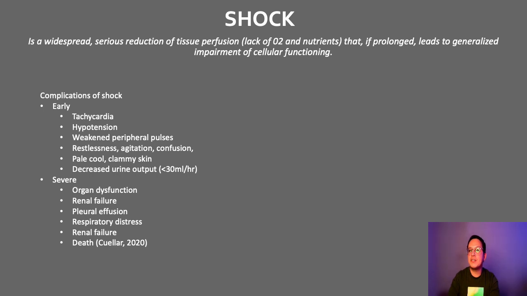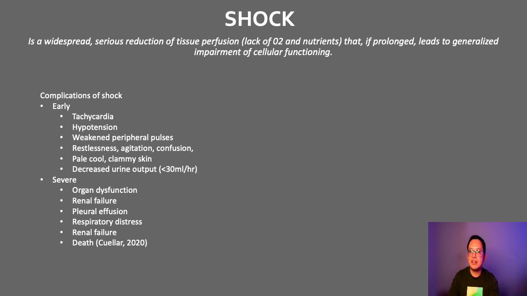What are the complications of shock? Early complications of shock are tachycardia, hypotension, weakened peripheral pulses, restlessness, agitation, confusion, pale, cool, clammy skin, and decreased urine output less than 30 ml per hour.